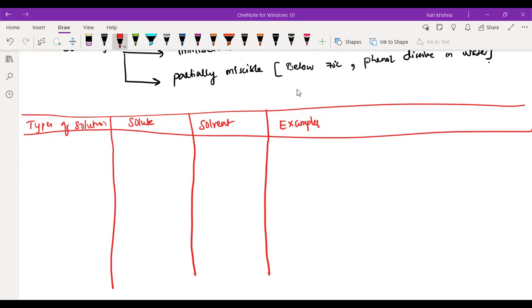It depends on the state of solute and solvent, sir. It does not depend upon the solute state, right? It depends only upon the solvent state, because the solvent is there in the larger quantity. So whatever the state of the solvent is, the solution will also form in the same state.